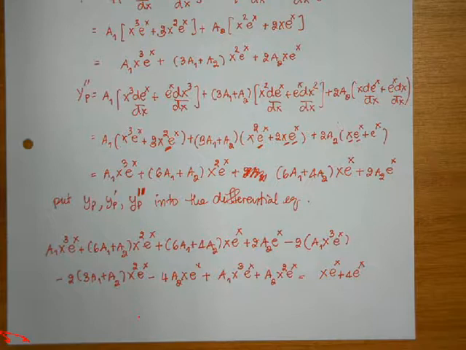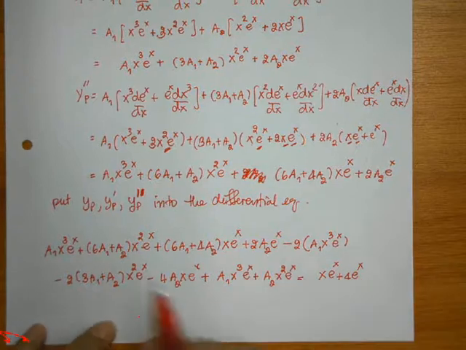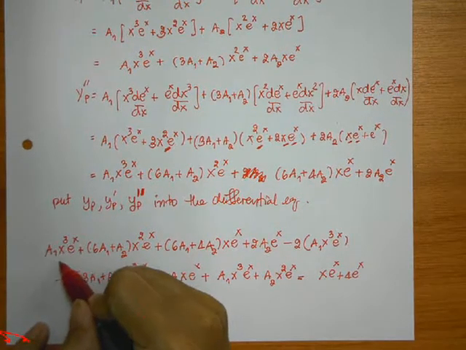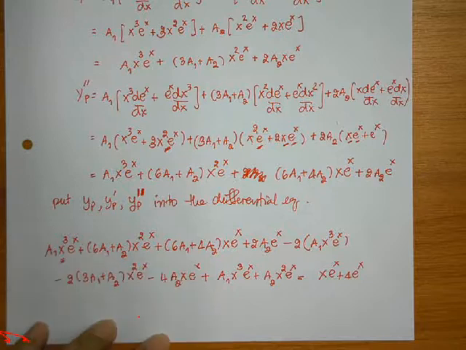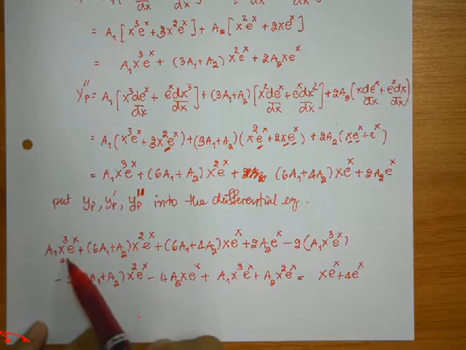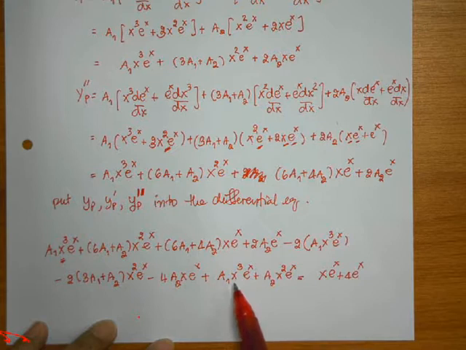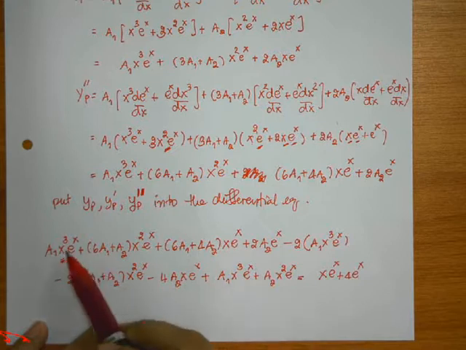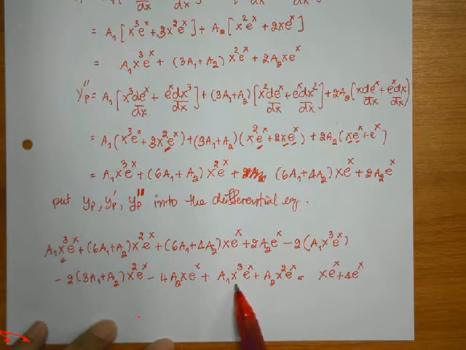Now, you have a1 x to the power 3 times exponential of x here, and the same term here. You add them, you would get 2a1 x to the power 3 times exponential of x.